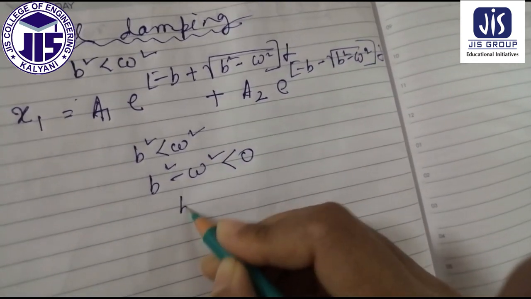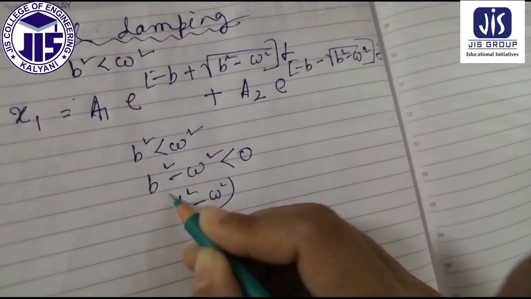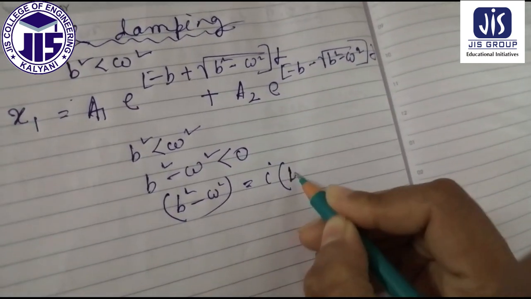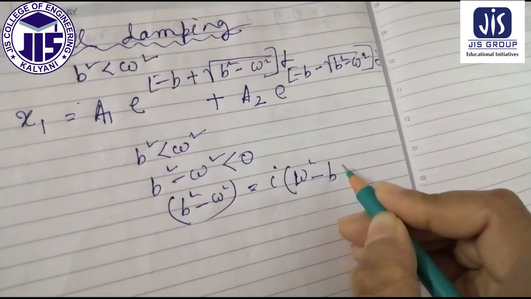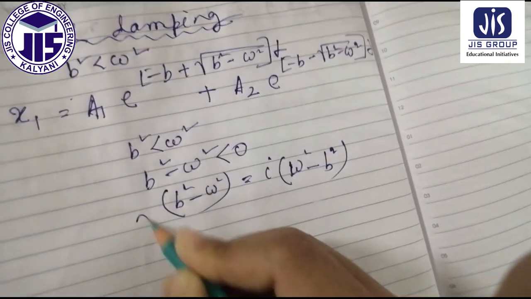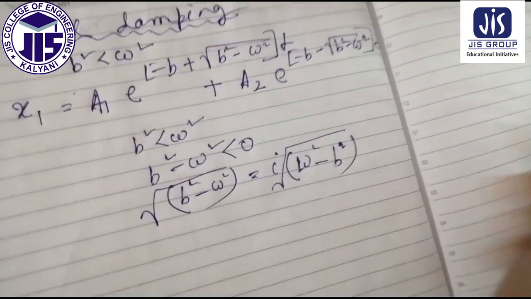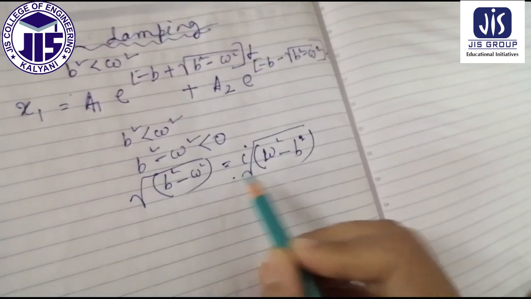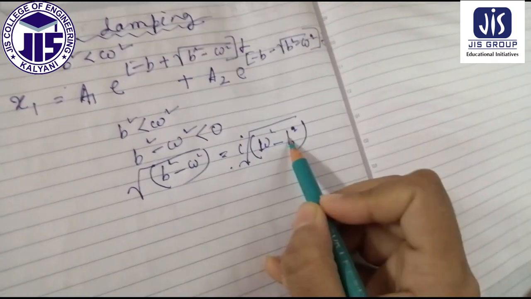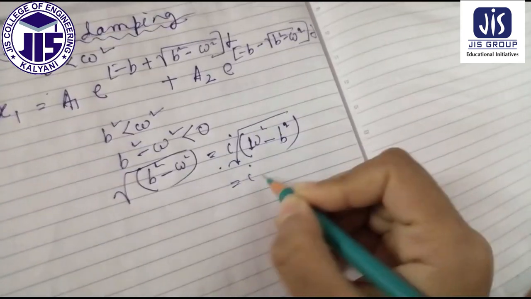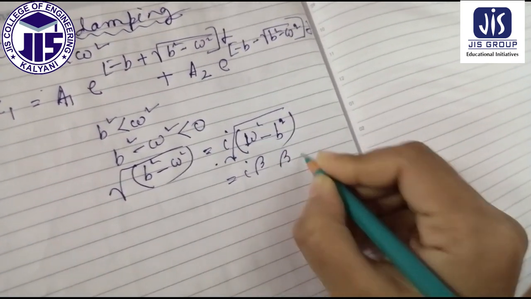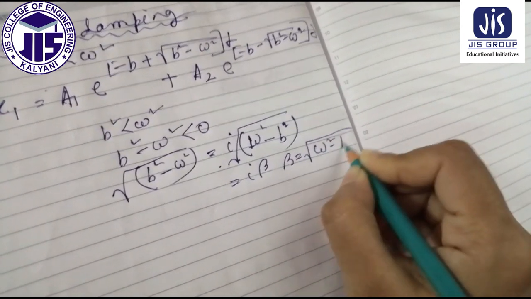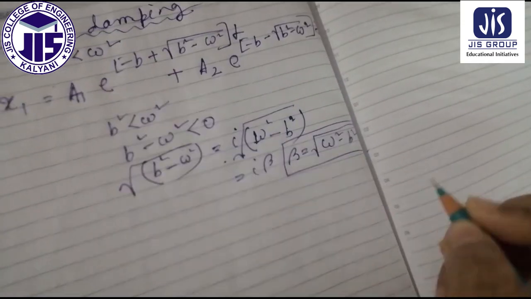So can we write root over of b square minus omega square equal to i into root over of omega square minus b square? So if we put i before it, I consider it as i beta, where beta equal to root over of omega square minus b square. That is simple, we consider.